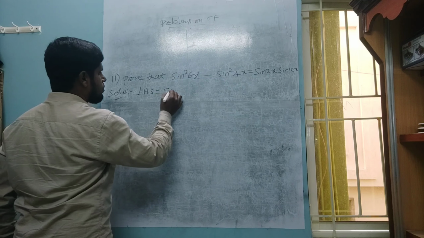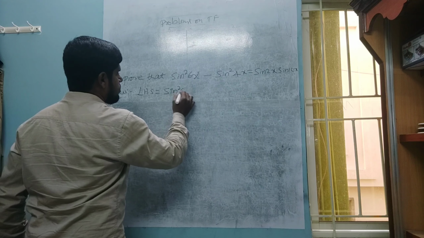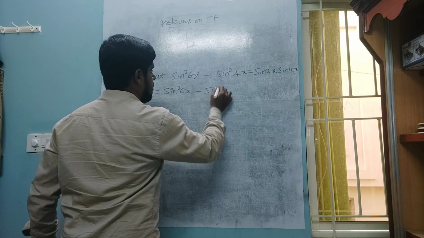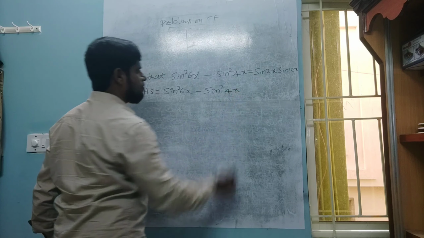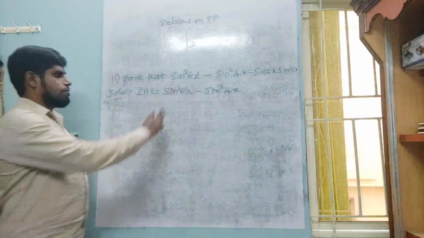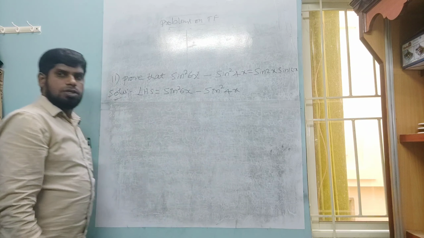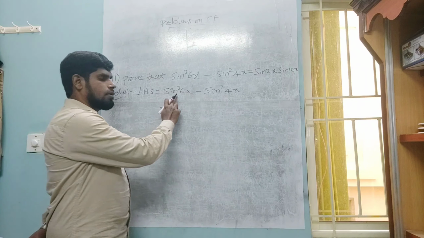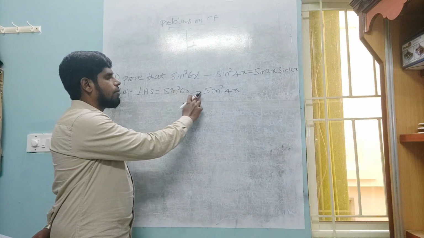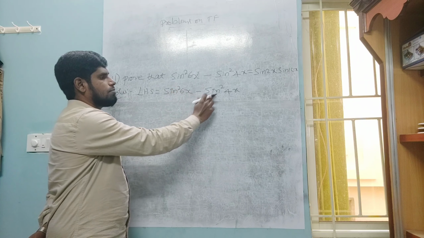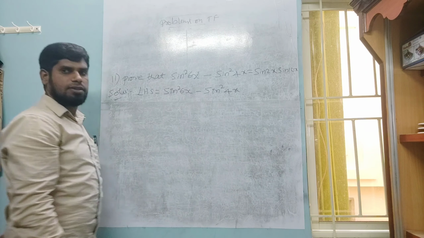LHS is equal to sin square 6x minus sin square 4x. Both are sin terms and both have squares. So in this case, we can consider this as the a square minus b square concept. We take the a square minus b square identity for this.